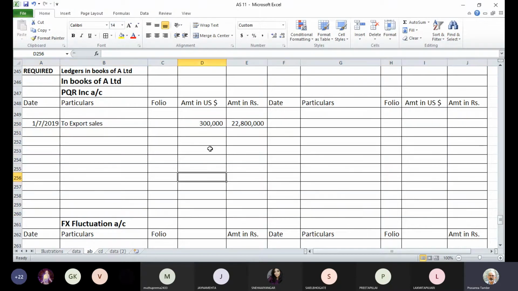So first entry we have passed, PQR Incorporated account debit to export sales. The value in USD is 3 lakhs. At the rate of 76, the conversion has happened, which is 2 crore 28 lakhs rupees.